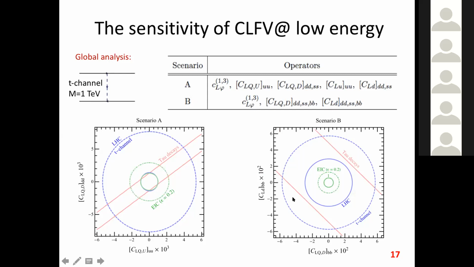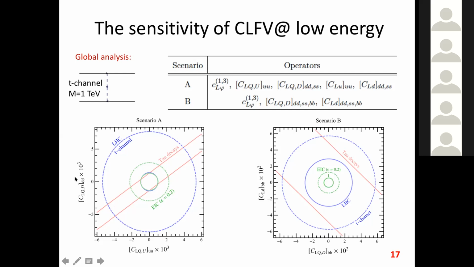Of course, in general, we should turn on all the operators and do a global fitting to check what's the impact of the EIC and also the LHC and also Belle data. But here I just use the two scenarios as examples to show the importance of the EIC and LHC. For example, here I use the scenario A example. The tau decay will give some constraint for the parameter space.